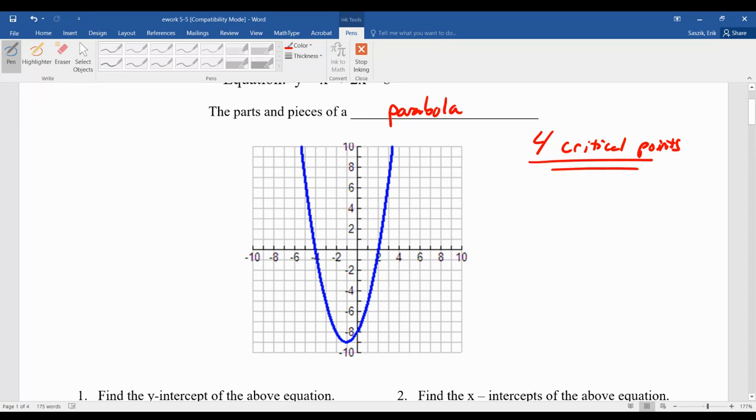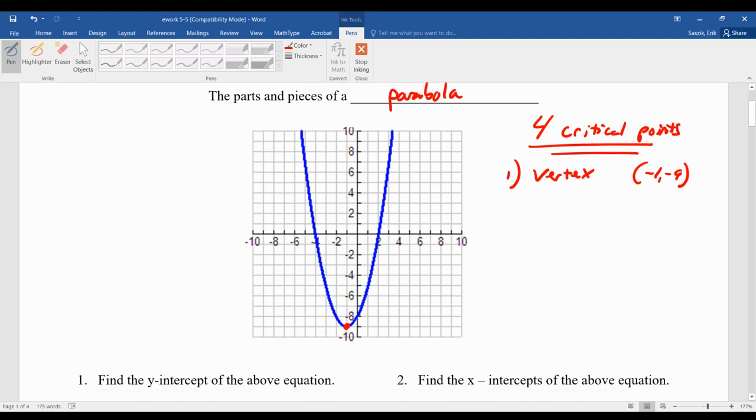All right, 4 critical points. Now, the one that you've heard me mention has been the vertex. The vertex, of course, is this thing right here. In this particular problem, that coordinate is -1, -9. But the vertex is a critical point. That's where kind of everything changes. We'll talk more about that vertex here in just a second.